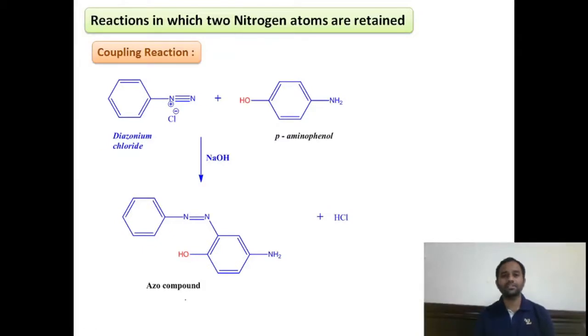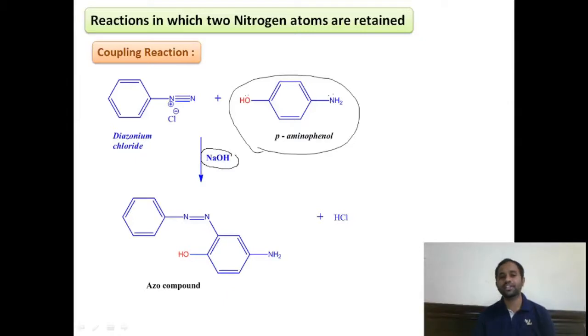And coming to the another example, here I have taken para aminophenol as the reactant. Here both OH group as well as NH2 group, both are electron donating groups, right? But here the coupling position depends on the reaction condition.